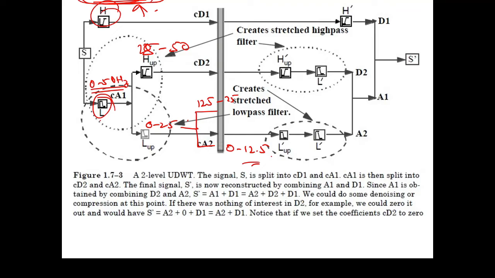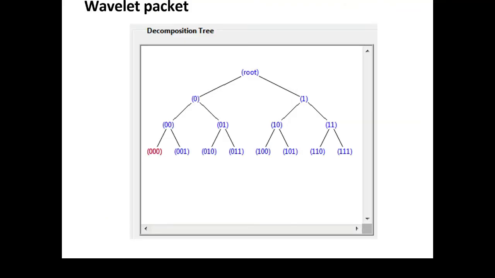That is not desirable. So if we can even break down the higher frequency components, the detail coefficients, then there might be a possibility. That possibility has been introduced through the wavelet packet decomposition.